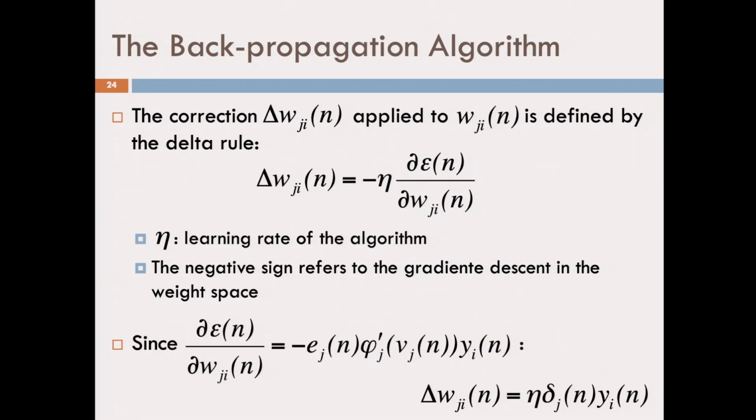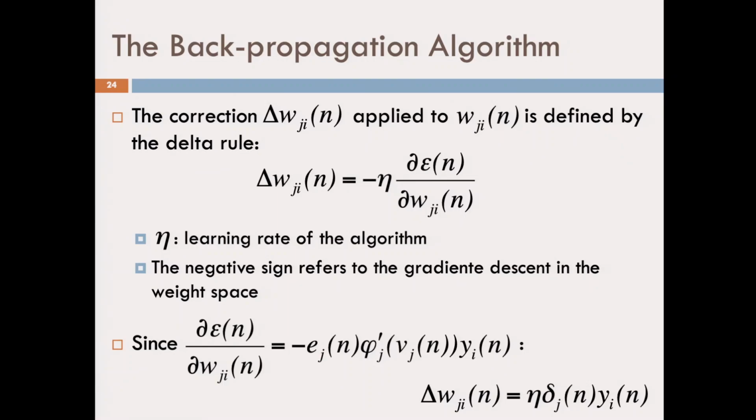The correction applied to a weight is defined by what we call the delta rule. The correction we apply to a weight is minus a learning rate multiplied by the derivative of the error that we want to minimize with respect to the weight. Do you remember this formulation? We already saw this. This is the learning rate, and the negative sign stands for gradient descent.